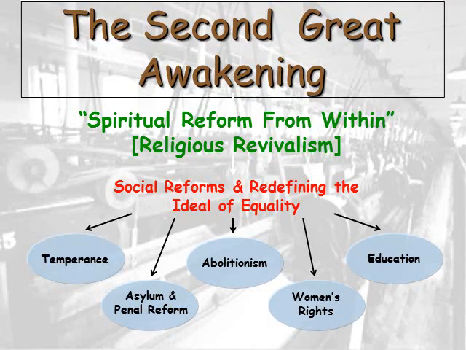But there's also this movement towards trying to perfect society, right? What problems were there in society that needed to be addressed? Alcoholism, for example, was a problem that needed to be addressed. Slavery was a problem that needed to be addressed. Conditions for people being held in prison was a problem that needed to be addressed. So you can see a lot of reform movements came out of the Second Great Awakening.